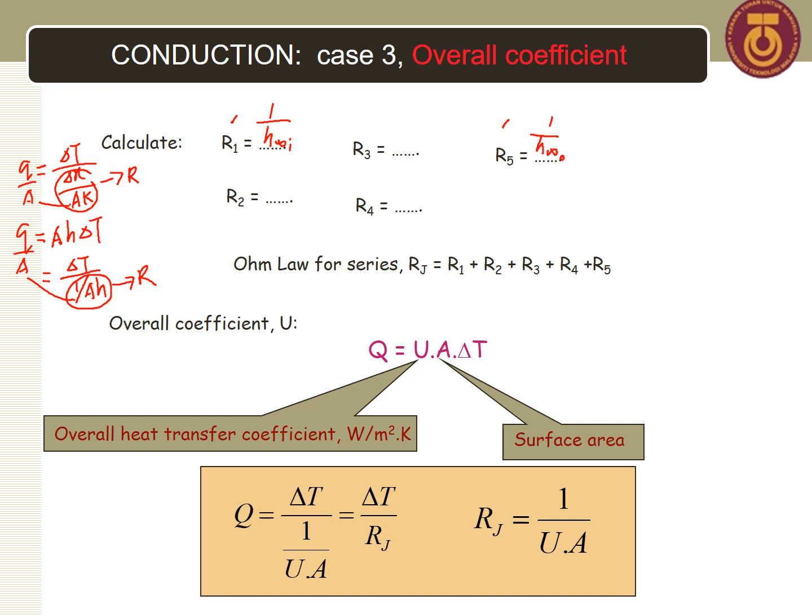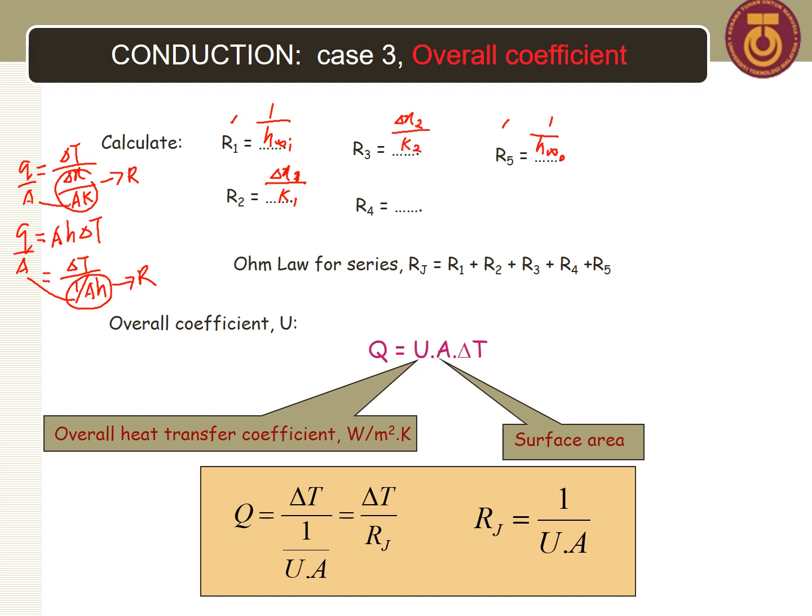Then for R2 it is delta X1, layer 1, divided by K1. Then for R3 it is delta X, layer number 2, over K number 2.